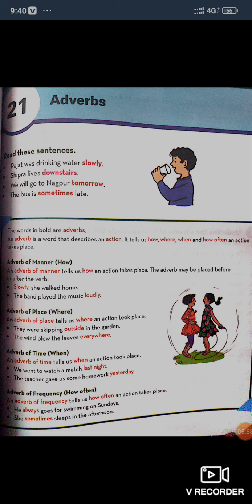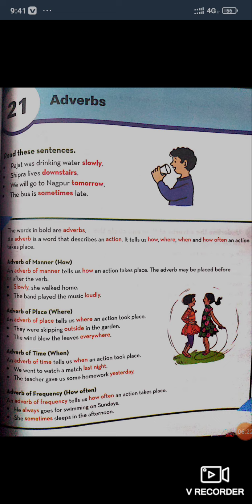So these are the words that show how often an action takes place. So that is adverb of frequency. The words like weekly, monthly, regularly, occasionally, normally, generally show how often an action takes place.